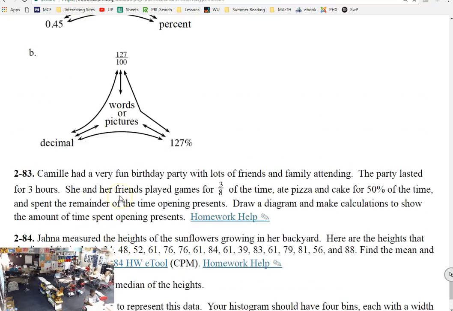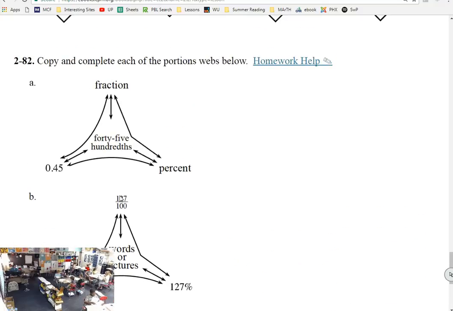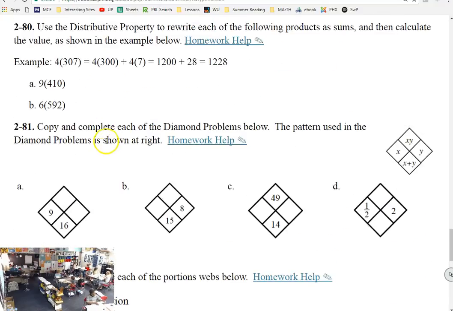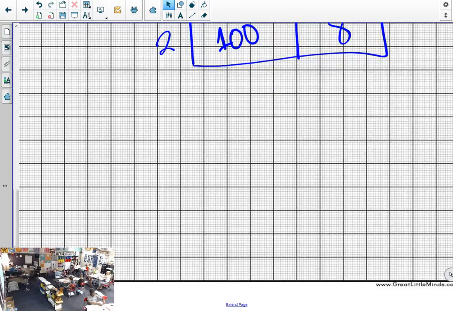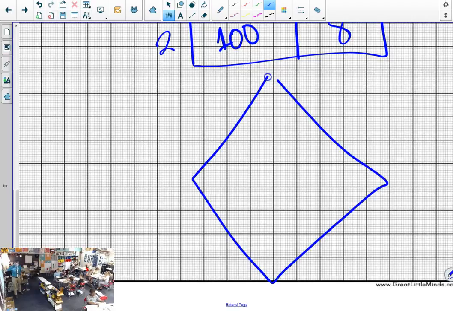Question 81. I couldn't get C. Which means 14 is the sum and 49 is the product. So we have our, everyone calls these different things, magic rectangle or whatever they call it here, magic square.